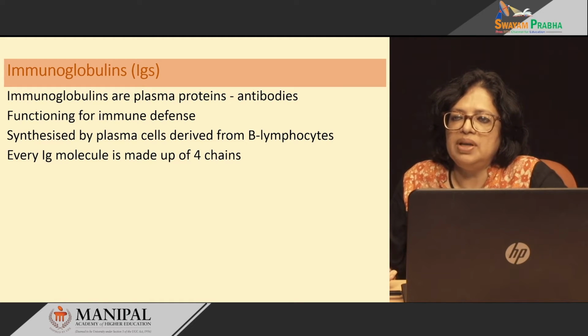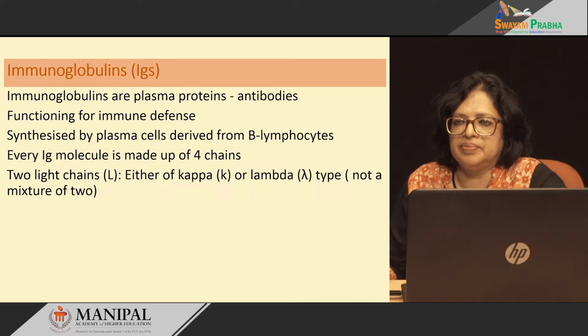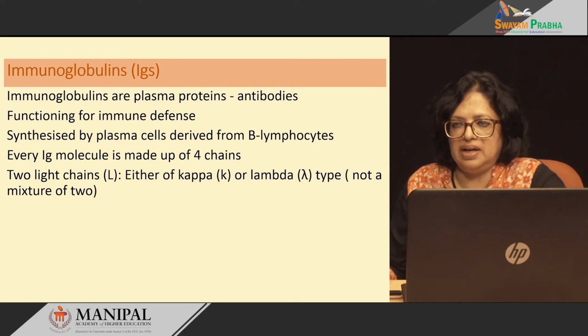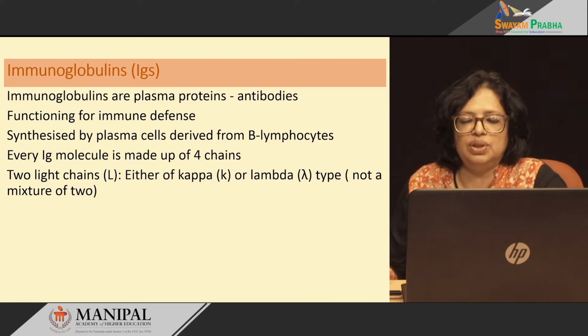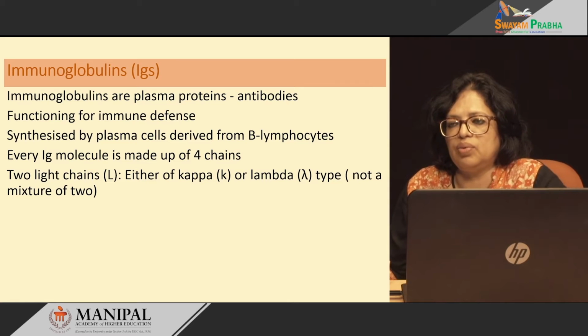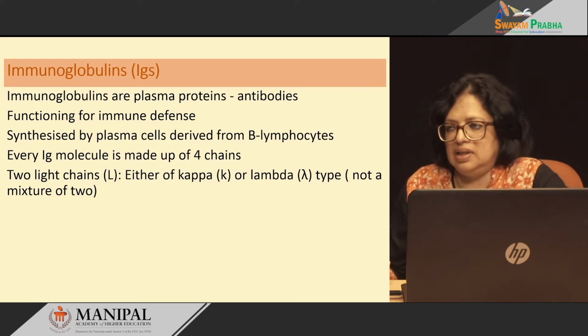Every immunoglobulin molecule is made up of 4 chains. There are 2 light chains, either of kappa type or lambda type, but they are never a mixture of the two. In one immunoglobulin molecule, we cannot have one kappa light chain and one lambda light chain.